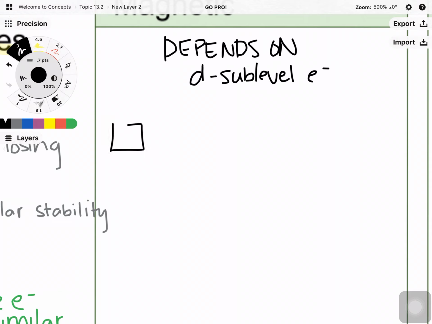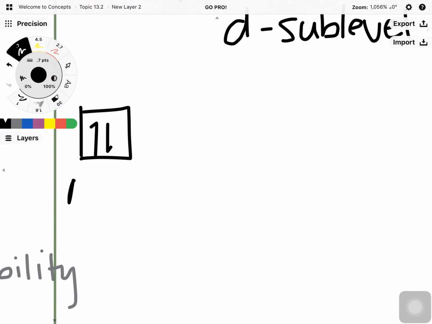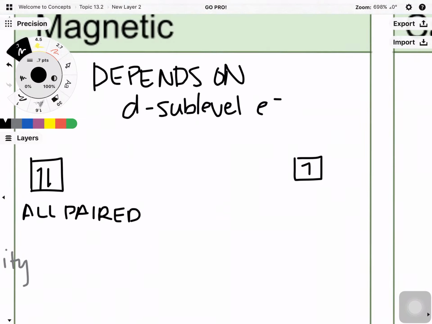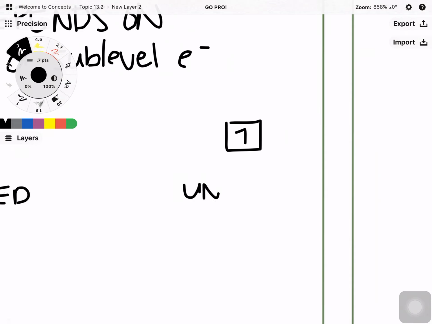In one case, the d sublevel electrons can be all paired up. So in every single 3d orbital, all of my electrons can be paired. Alternatively, some of my electrons in the 3d sublevel might be unpaired. They might be by themselves in that specific orbital.